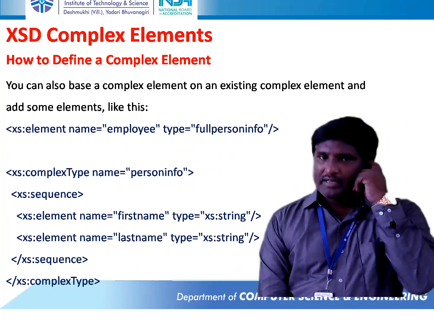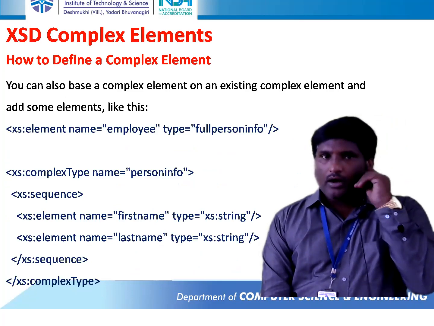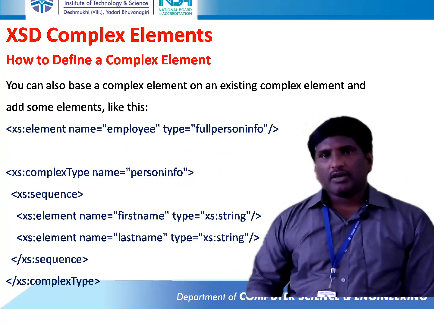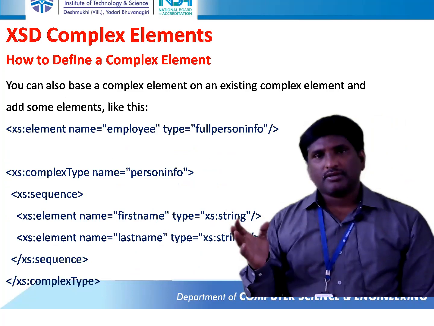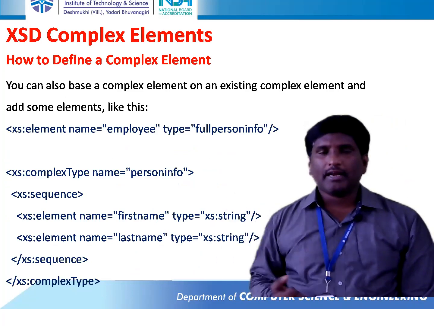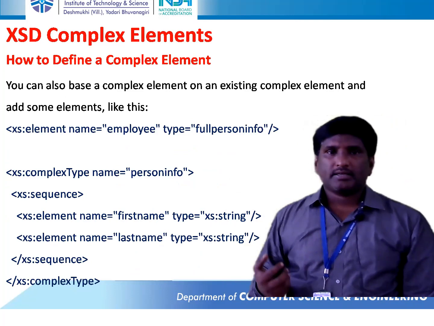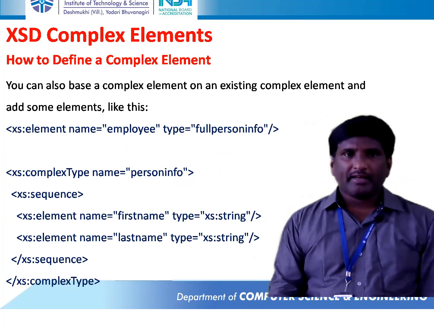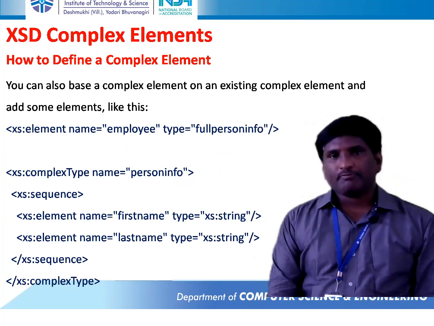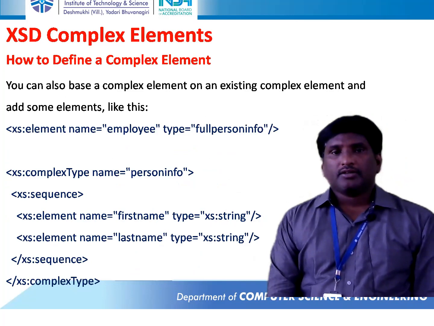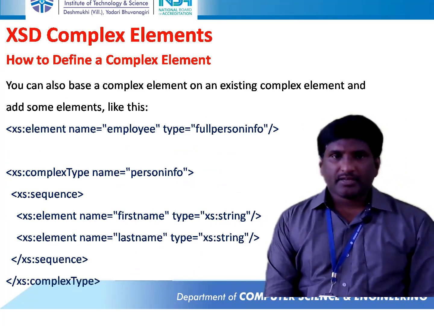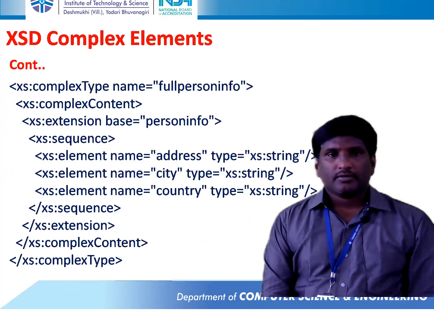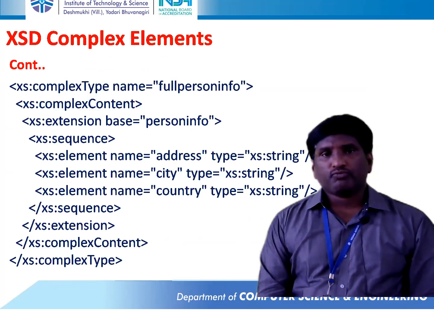Next, how to define a complex element: you can also base a complex element on an existing complex element. Up to this we have used references to give different elements these sub elements, but for a complex type also we can use a reference. For example, here the XML element named employee has type fullpersoninfo. This personinfo complex type we have given, with these two sub elements, and then a complex type with name equal to fullpersoninfo.